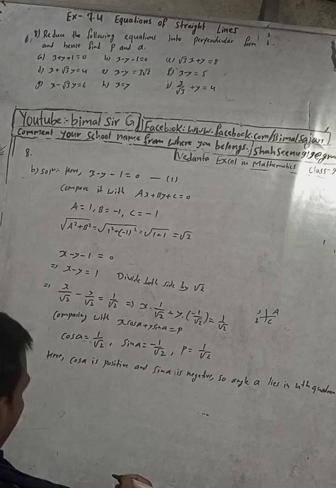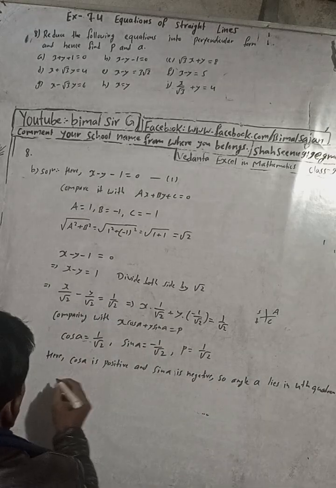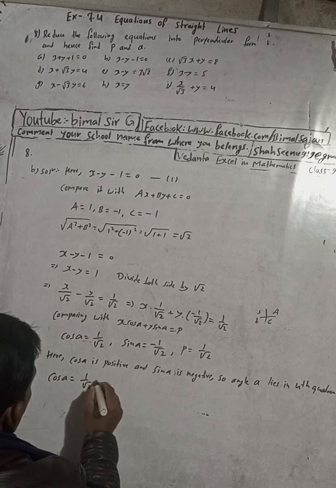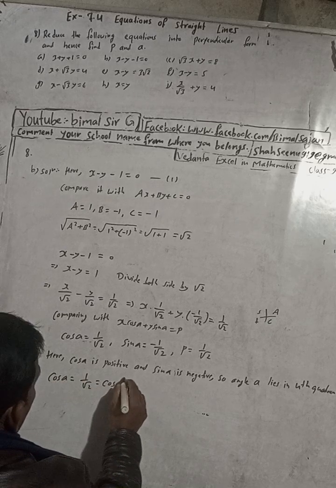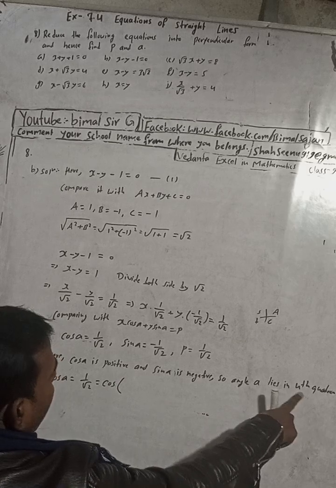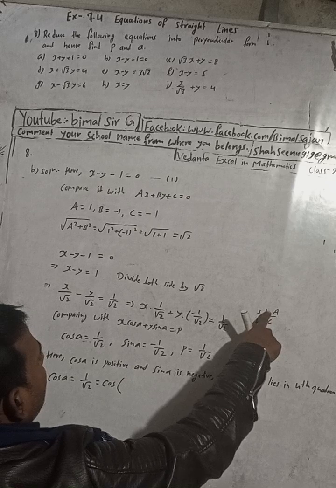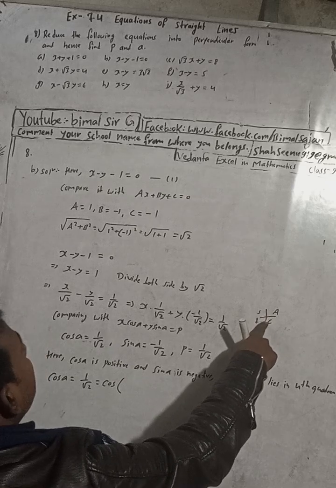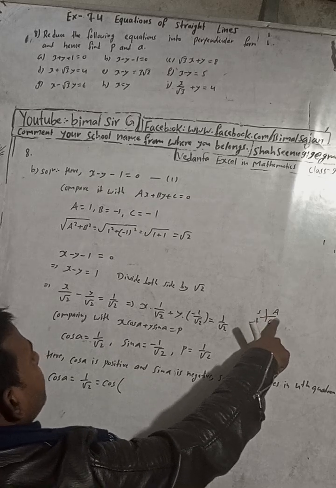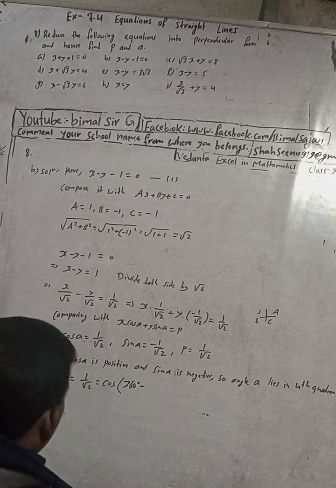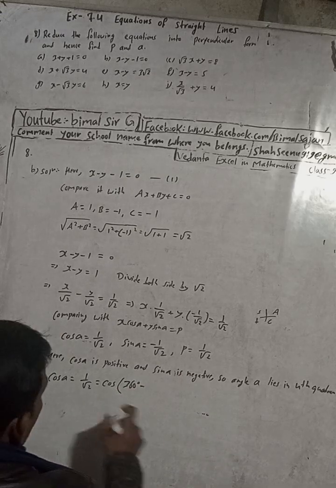Now we can write cos alpha is equal to 1 by root 2. So this can be written with the fourth quadrant. Fourth quadrant means what? 0, 90, 180, 270, and this is 360. So 360 degree minus, and 1 by root 2 value is 45 degree.